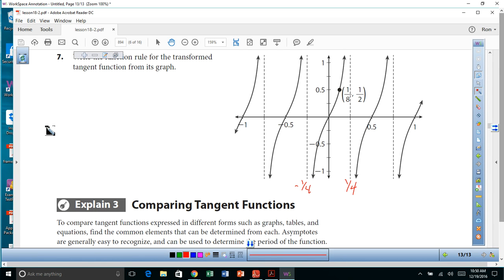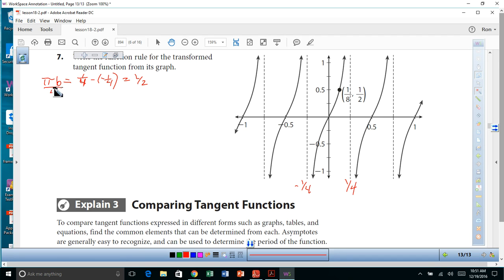So pi b equals 1/4 minus -1/4, which is 1/4 plus 1/4. That's going to be 1/2, right?